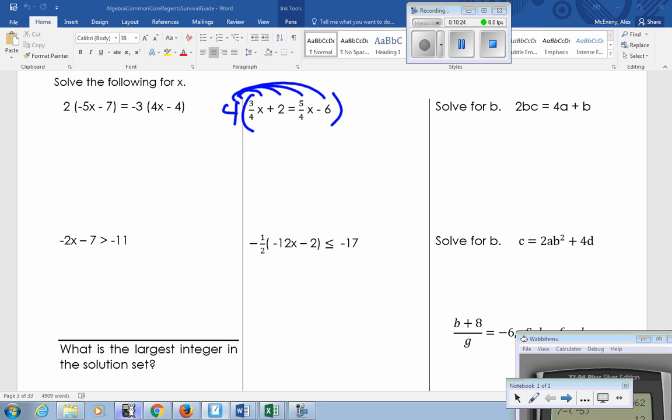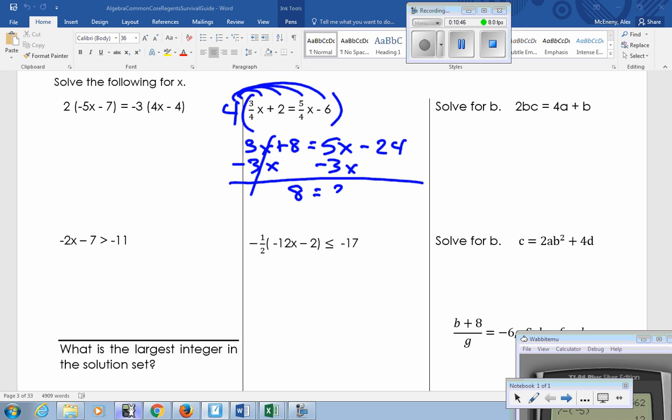And for this one, you'd have 3x plus 8 equals 5x minus 24. Then you go from there and eliminate terms, which you would do on some of these other questions. So subtracting the 3x's on both sides, that's a way you could start it. Add 24 to both sides. So you'd get 2x equals 32, and then divide by 2, and x is going to be 16.